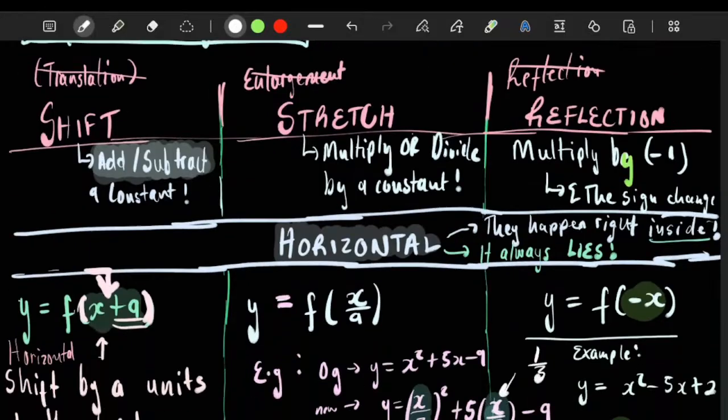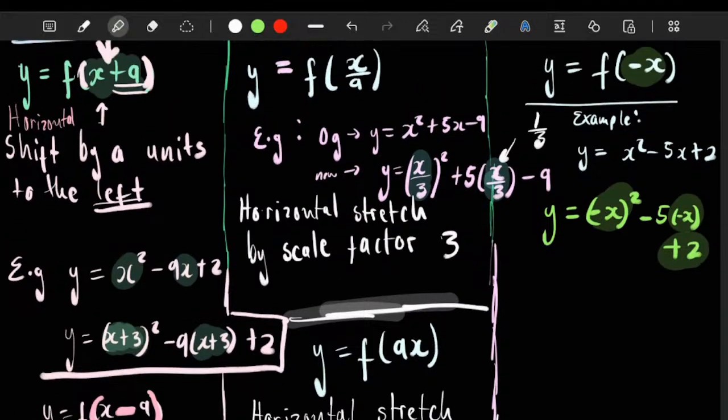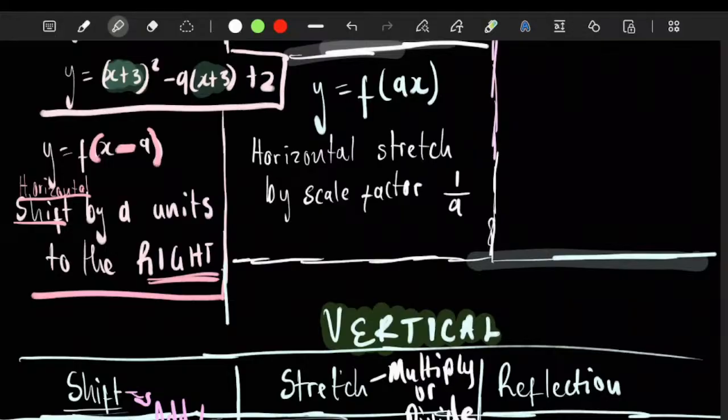In the horizontal case, the only thing that was multiplied or divided was the x itself. So the constants have not changed. The -9 is still a -9. Constants don't change for horizontal stretch. It only multiplies the x right where x is.